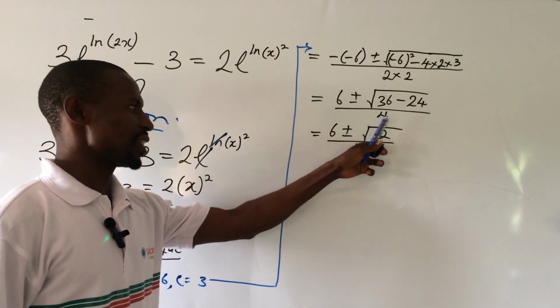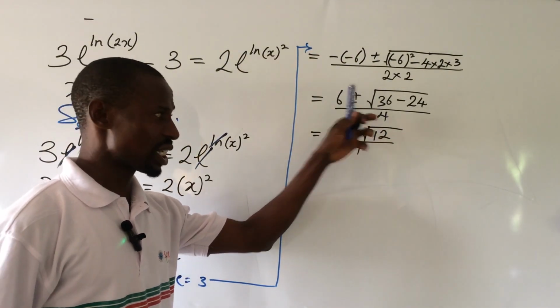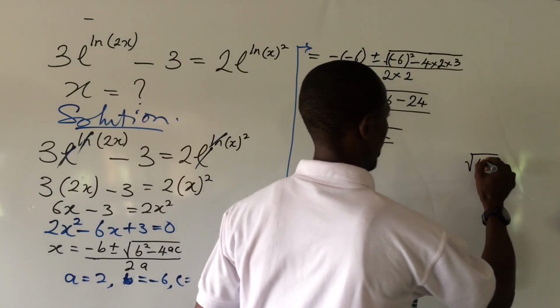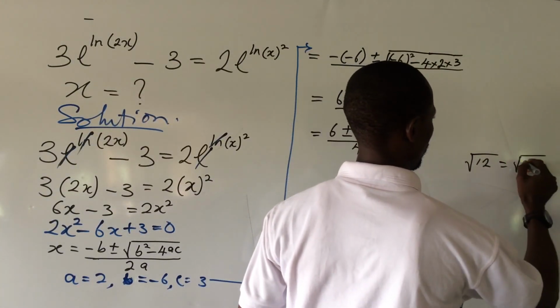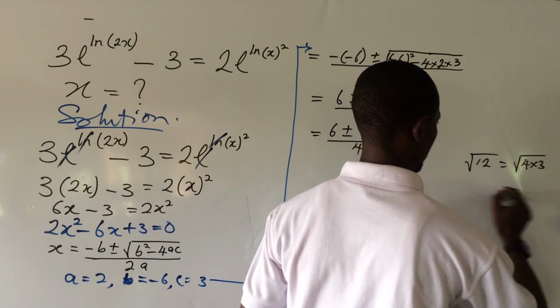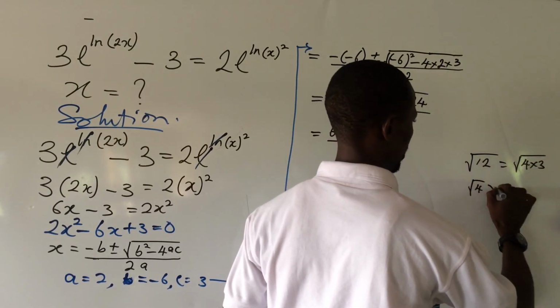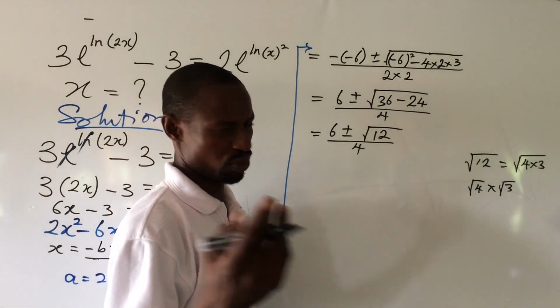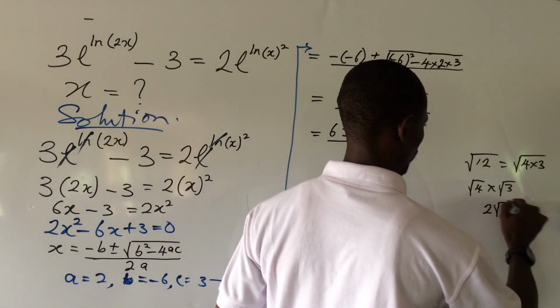Let's simplify root 12. Root 12 can be simplified as root 4 times 3, which gives root 4 times root 3, and root 4 is 2, and so that gives us 2 root 3.